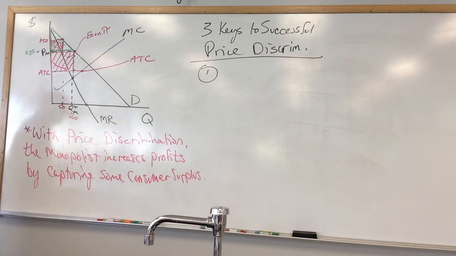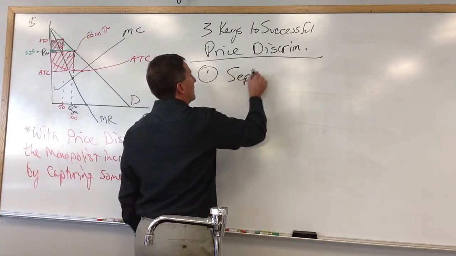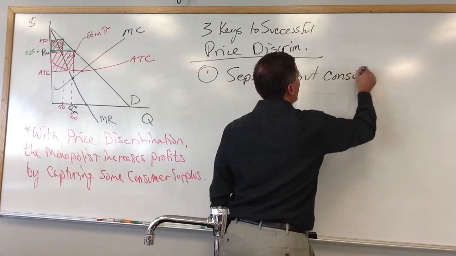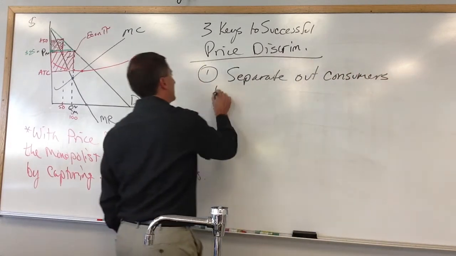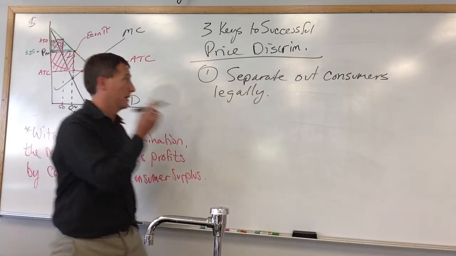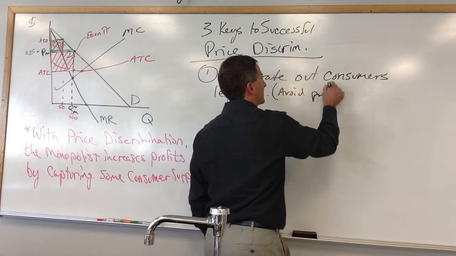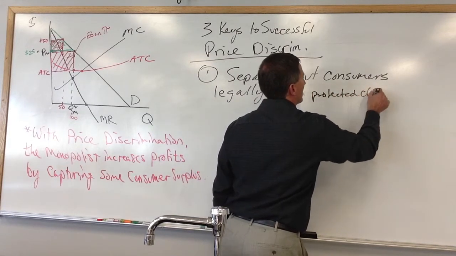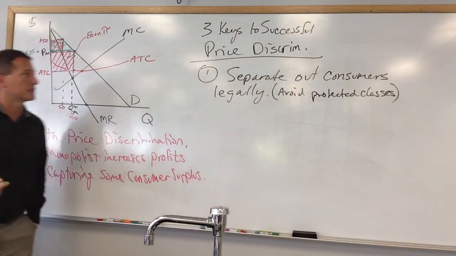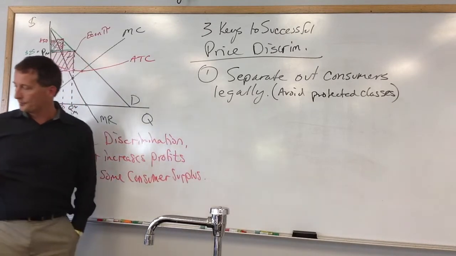All right, number 1, you need to be able to separate out consumers legally. So unless you want to find yourself in jail, avoid protected classes. Race, religion, gender, that sort of stuff, right? So figure out how to separate out consumers legally.